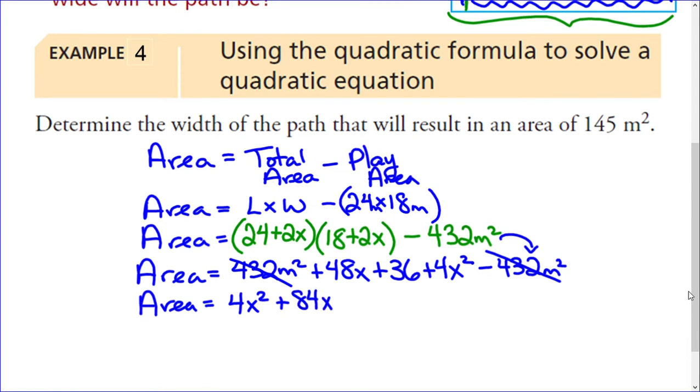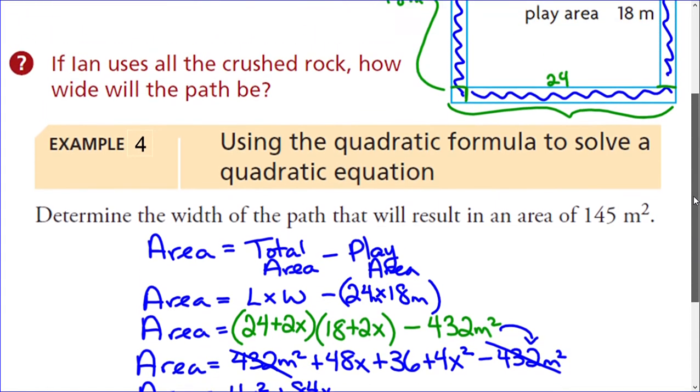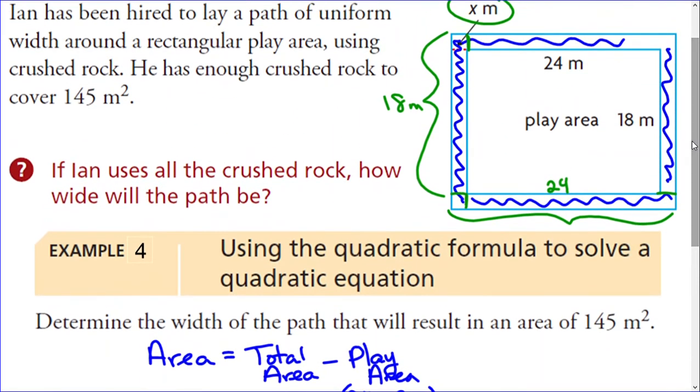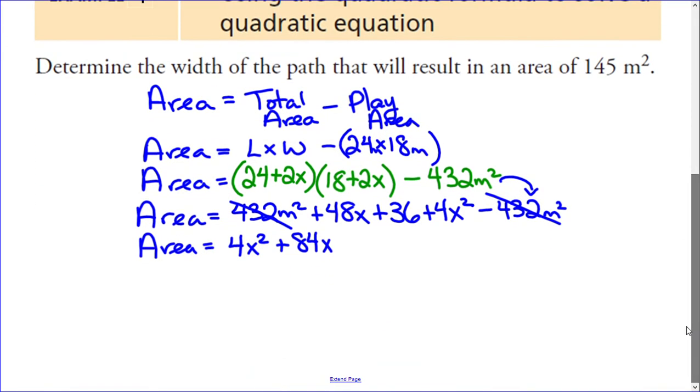And then the last part is to say, in terms of the question, he has enough crushed rock to cover 145 square meters. So 145 square meters of area has to be enough to fit the width of our problem here.